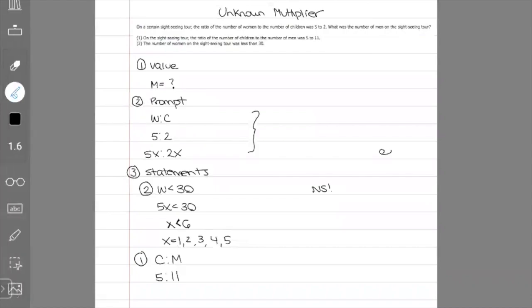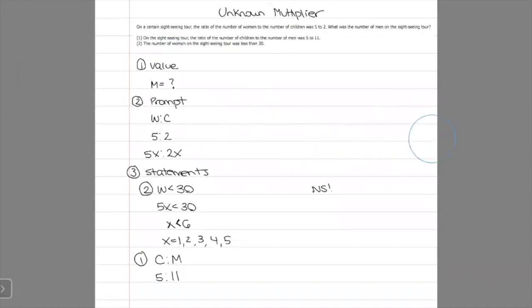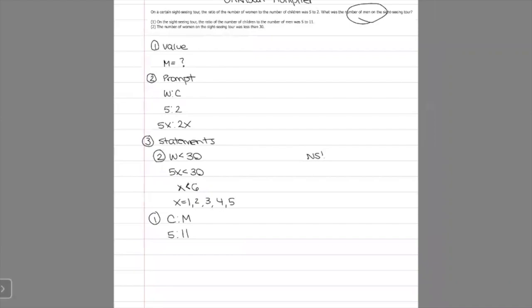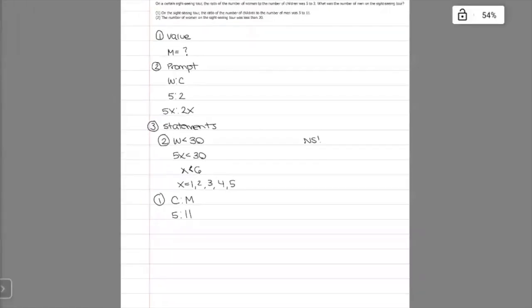Again, you don't want to look at the other statement yet because we're not combining them immediately. Although with this kind of question, if we're talking about a number of men and we're given 2 ratios, there's no way that 2 ratios without more information are going to give you a specific number. It's just not possible. So we already know it's not going to be sufficient.